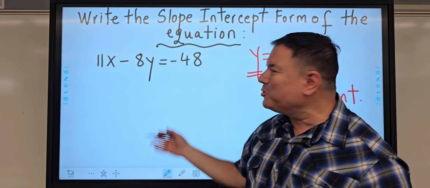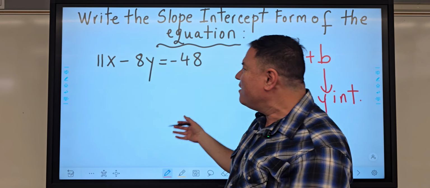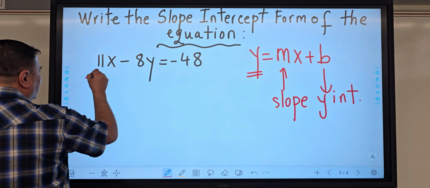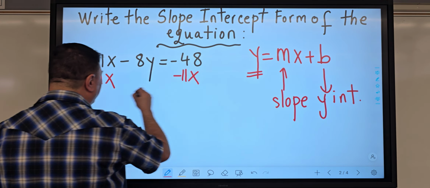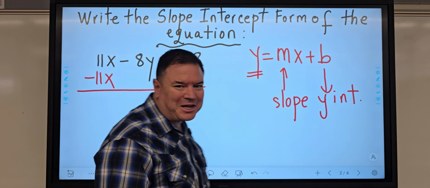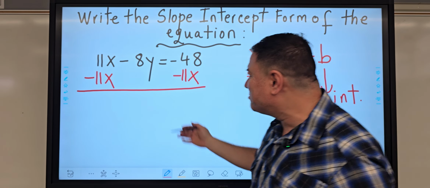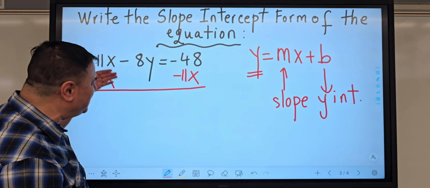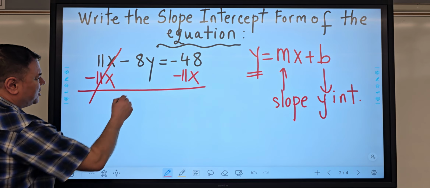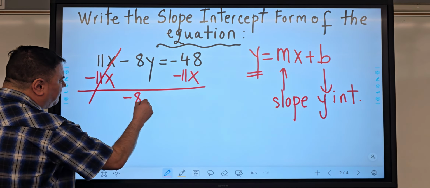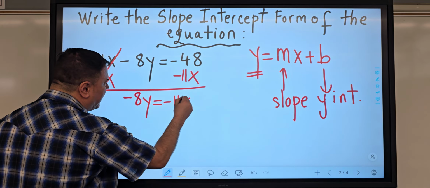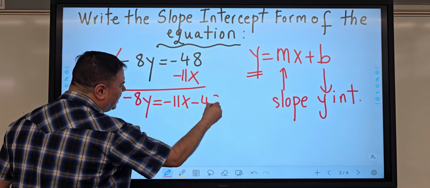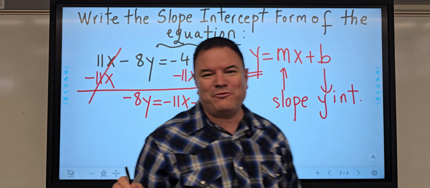So in order for us to get the y by itself in this equation, first of all, we have to subtract 11x on both sides. Whatever we do to one side, we have to do to the other side. 11x minus 11x cancels out, so we are left with negative 8y equals negative 11x minus 48. Be very careful here.